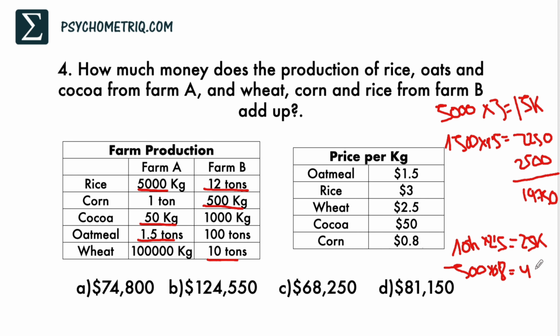That brings the total to 400. And then the cost of rice would end up being 12,000, or perhaps it could be 12 tons. For 3, which is the price, it would be 36,000. If we add 25,000 plus 36,000 plus 400, we get 61,400.